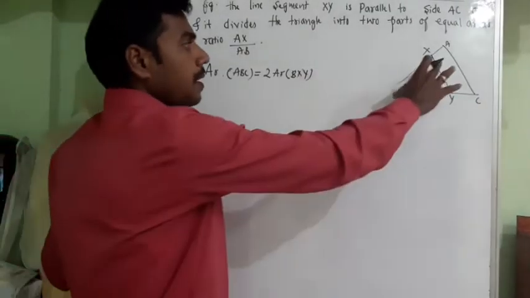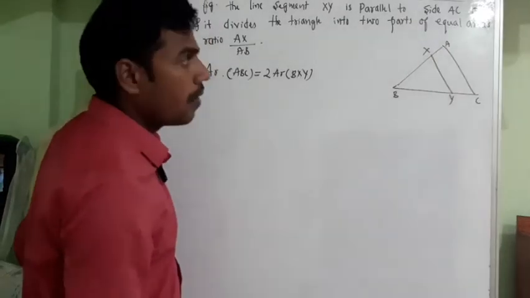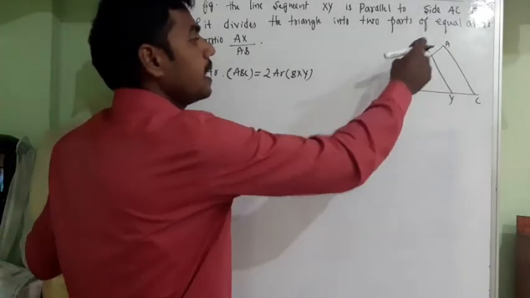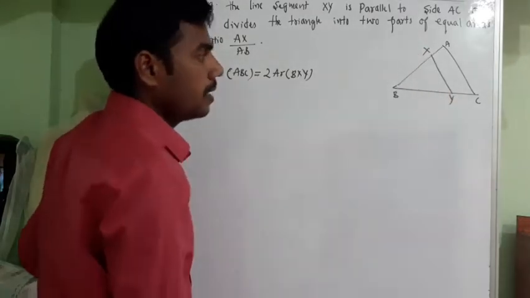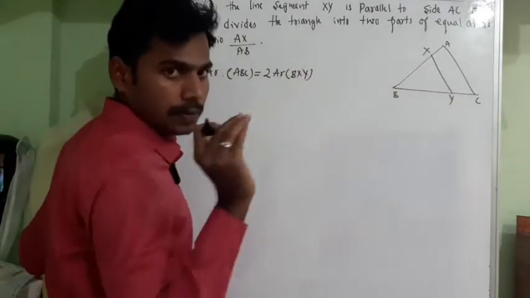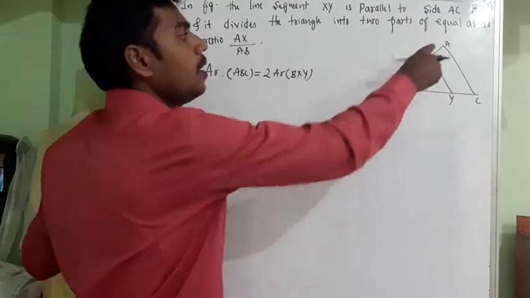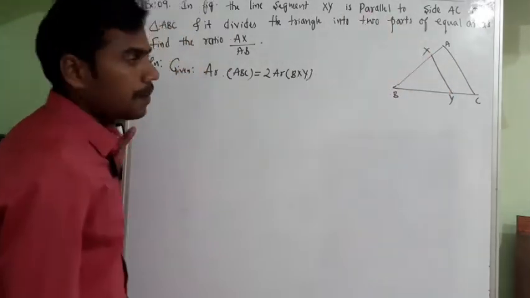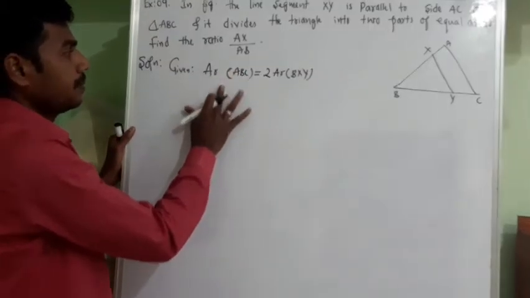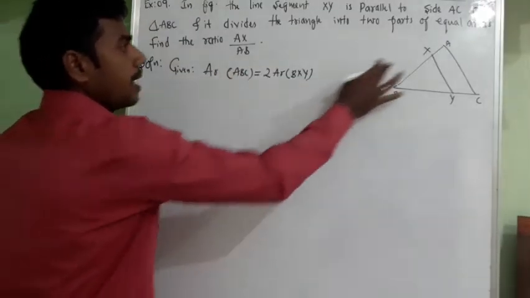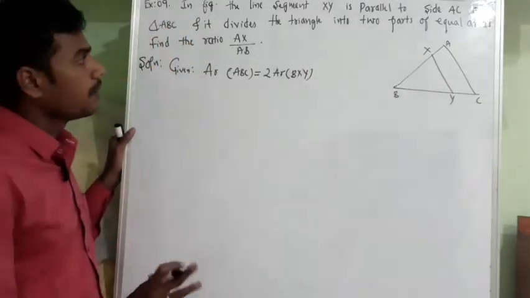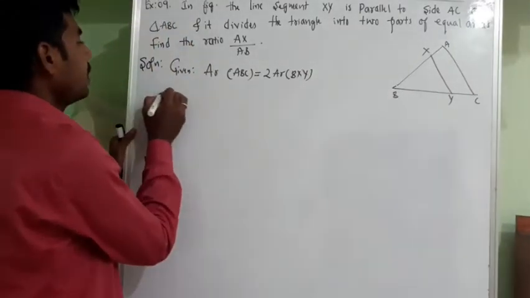This XY is going to divide triangle ABC into two equal areas. One is XBY and the other is AXYC. So XBY is one area. If I include the other, ABC becomes 2 times BXY. Okay, that I have written. Area of triangle ABC is equal to 2 times the area of triangle BXY. It is given. So what do we need to find?